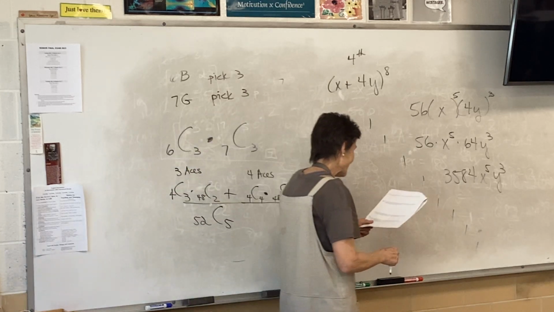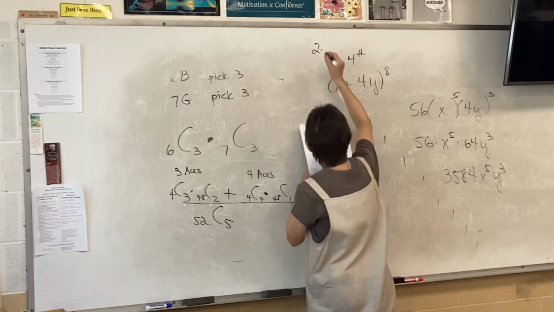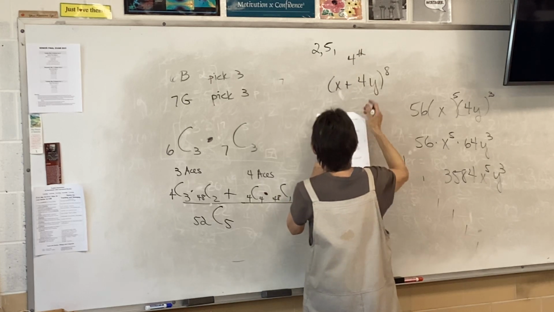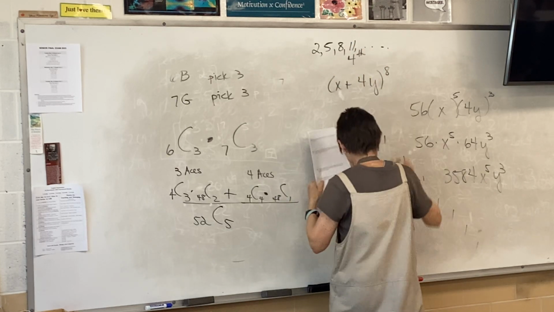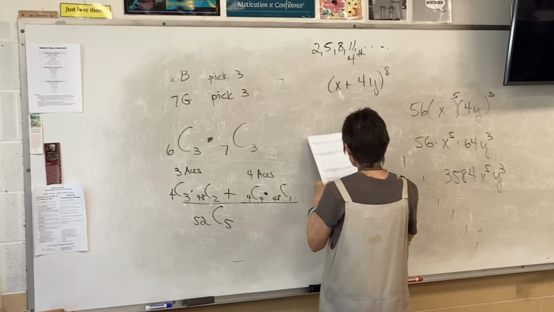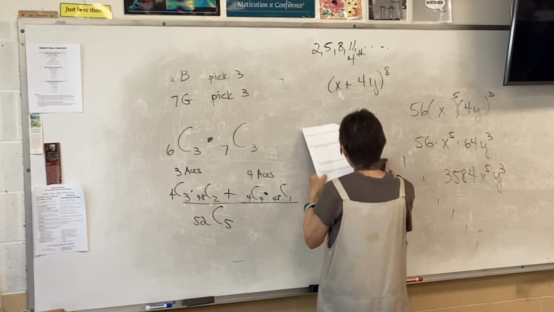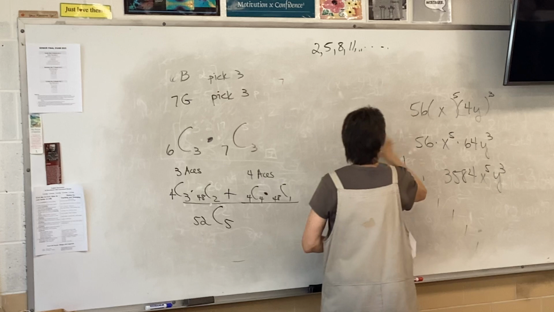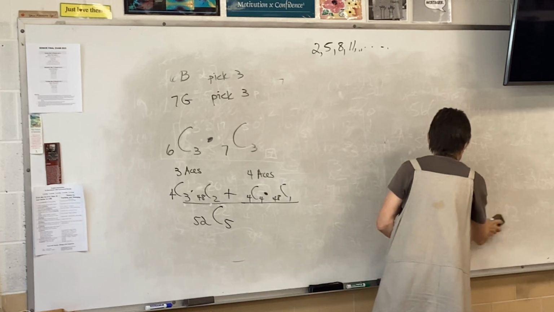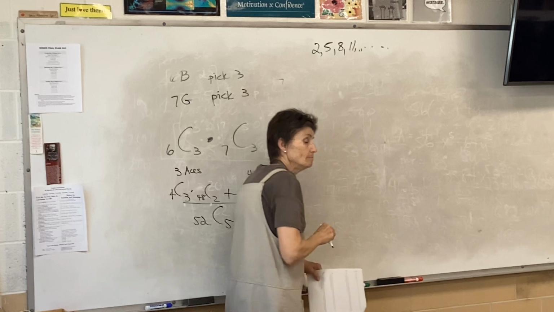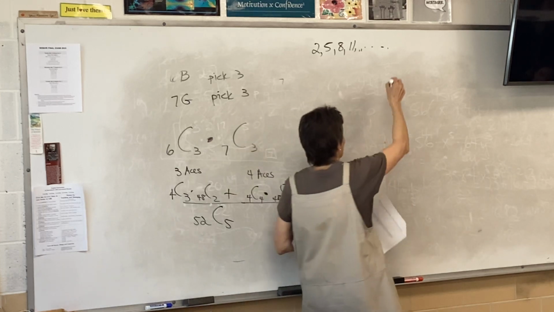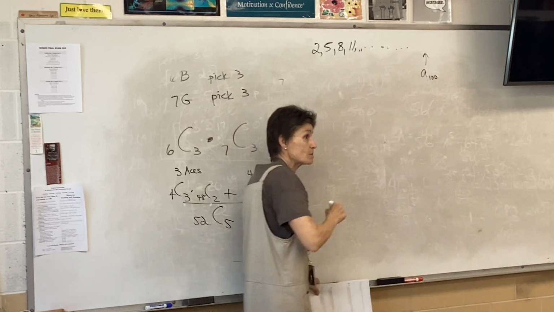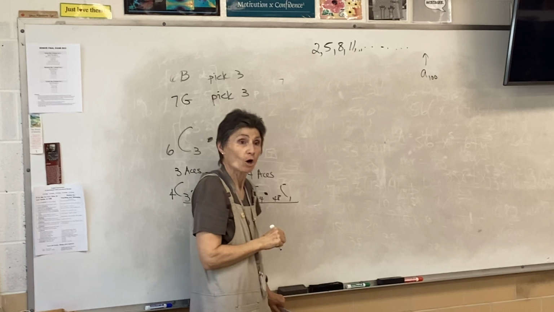24. Eli caught 2 baseballs, 5 on the second day, 8 on the third day, 11 on the fourth day, and so on. How many will he have caught altogether if he continues this pattern for 100 days? So don't we want to go all the way out to whatever the 100th term is out here, and then add all those up? How many will he have caught altogether?